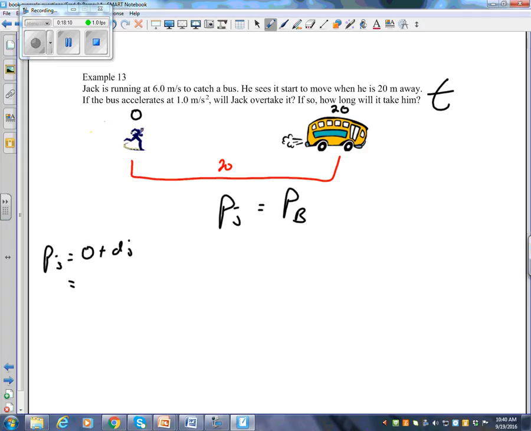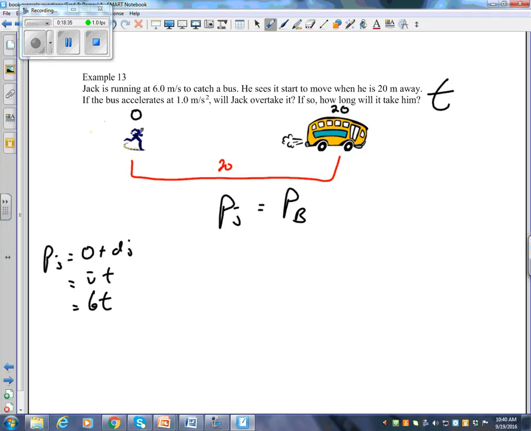He is running at 6 meters per second. That is a constant speed. How do you find the displacement of something moving at a constant speed? V bar times t. So in fact it's 0 plus V bar t, in other words, 6t.